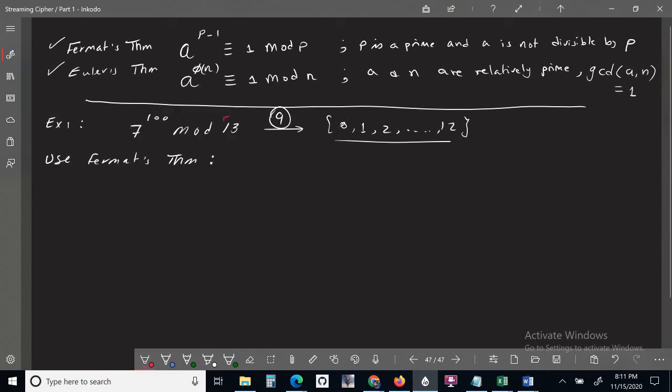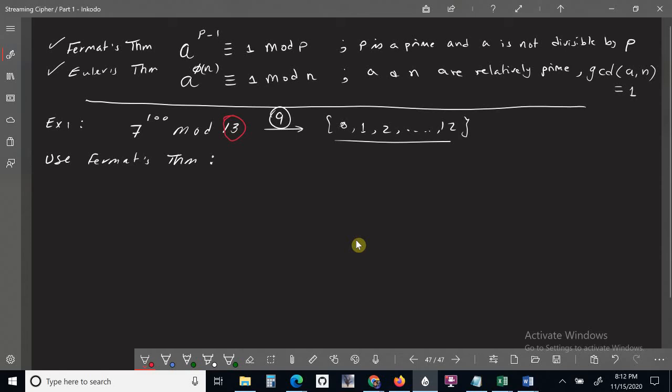The modulus is 13. In order for me to utilize Fermat's theorem, I need to put the exponentiation in the form of a to the power p minus 1.